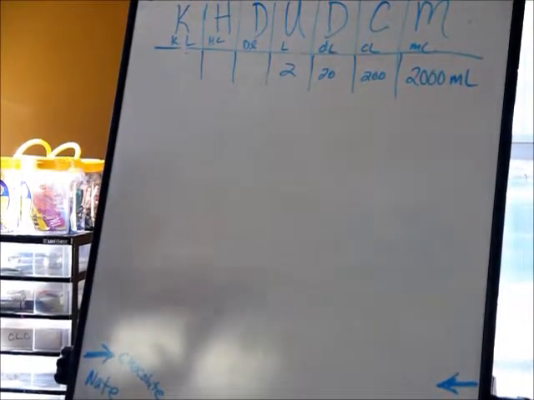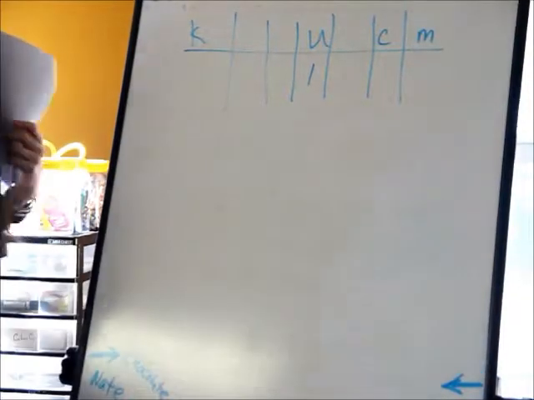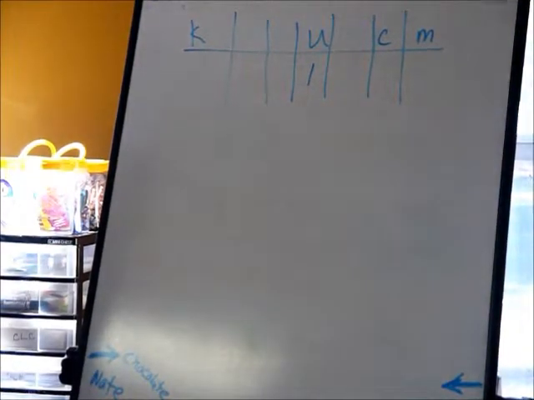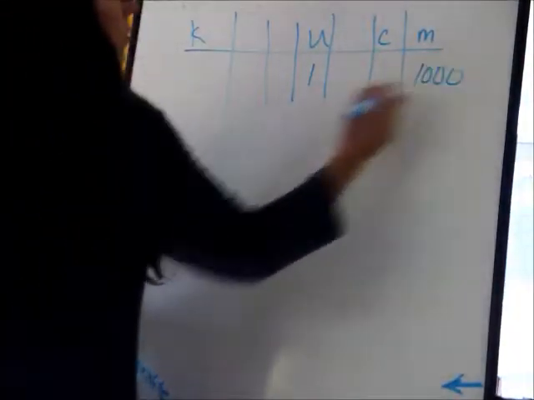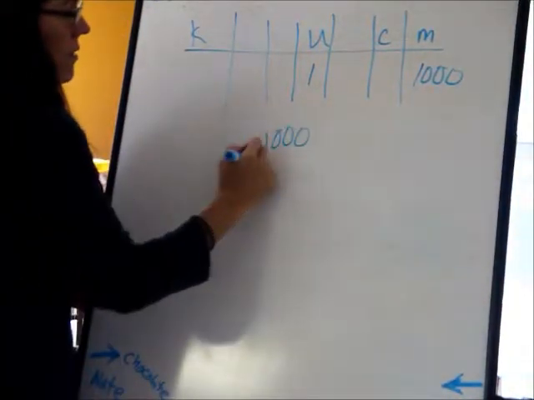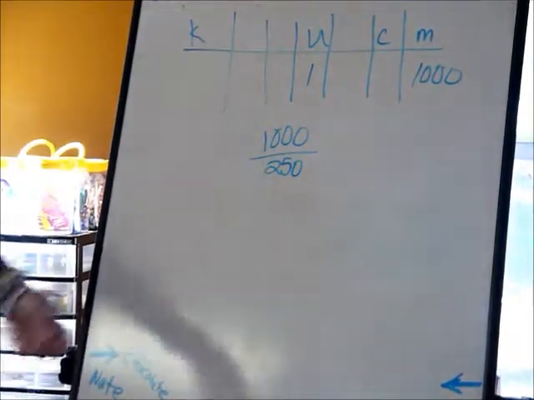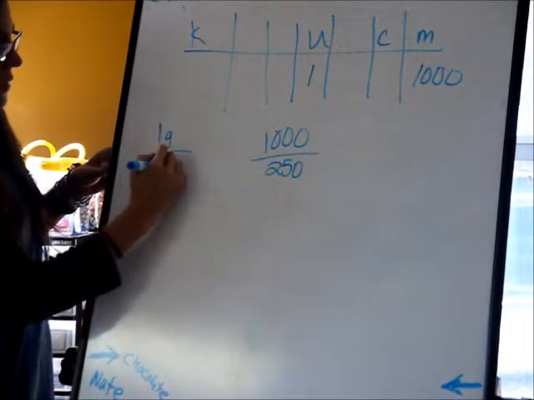Okay. How many 250 milligram tablets of vitamin C equal 1 gram of vitamin C? How many milligrams do we have? Yes, 1,000 milligrams. So we're going to take 1,000 and divide it into 250 milligram tablets. So you couldn't do 1 gram divided by 250 milligrams.